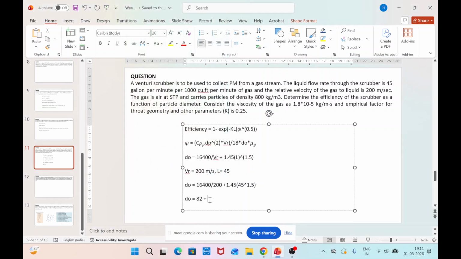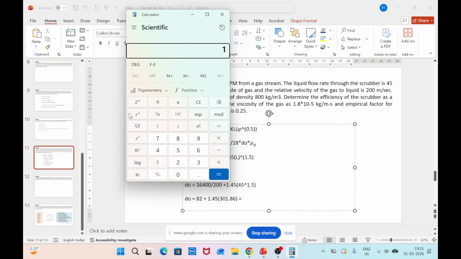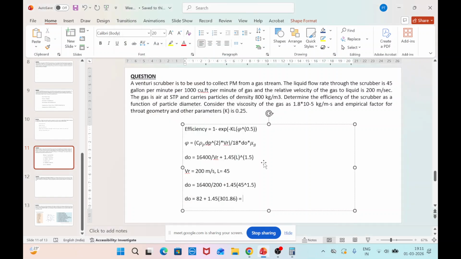So that gives 82 plus 1.45 times 301.86, which is 519.967. So this is the value of d0.